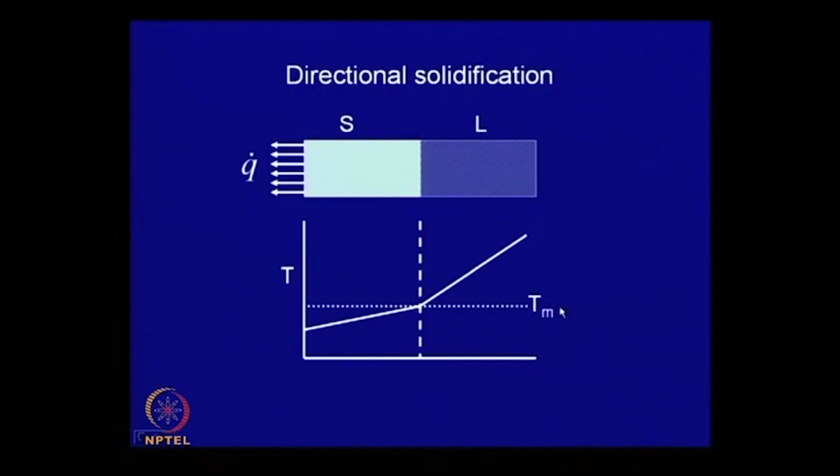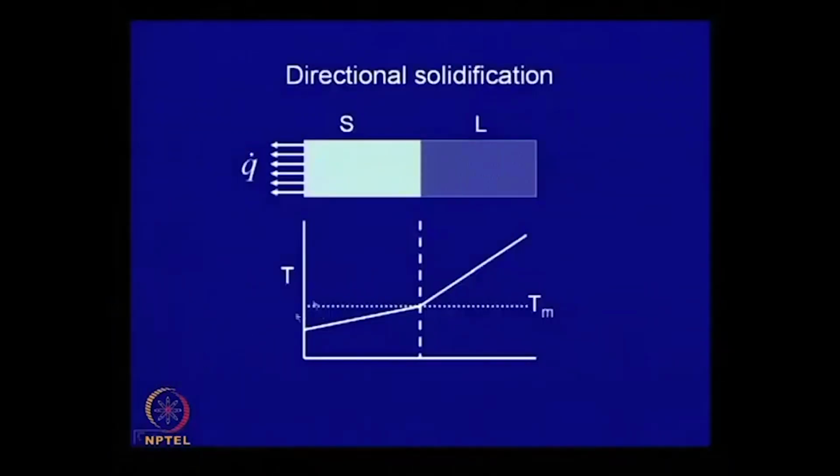Now, a few points about the concept of directional solidification. When you allow a metal to solidify in a container, the external cooling setup will determine how the structure evolves in the solid, and this is shown schematically in this diagram. So, you have a container and let us say we can extract heat from one surface only.